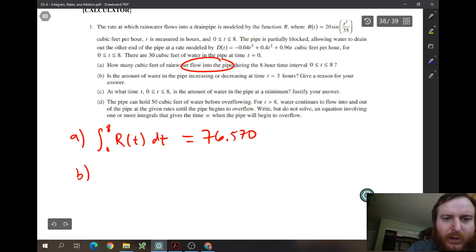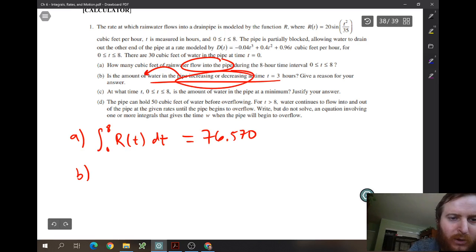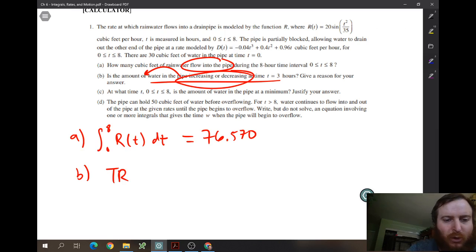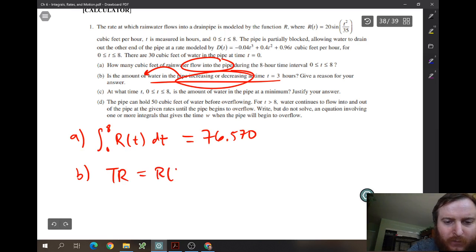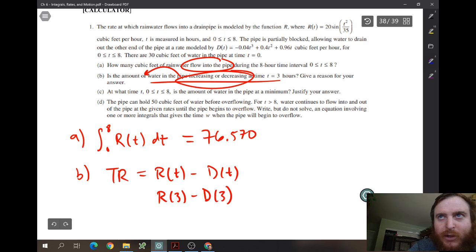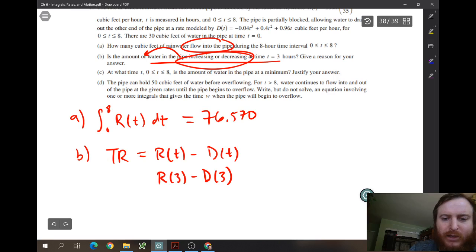For B, is the amount of water in the pipe increasing or decreasing? So this is increasing or decreasing amount of water. We need to do the total rate, and we need to plug in 3. So what's our total rate? Our total rate is the rate in minus the rate out. So the total rate at time 3 would be R of 3 minus D of 3. You just type in both into your calculator. You do 20 sine t squared at time 3, and then this whole D equation at time 3.